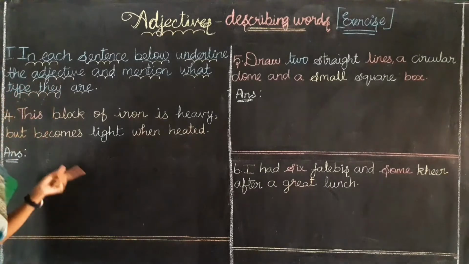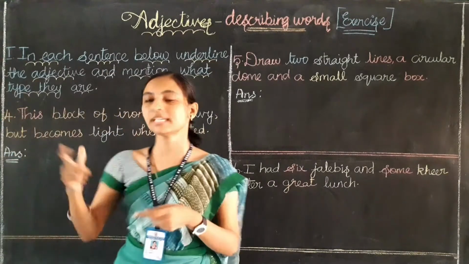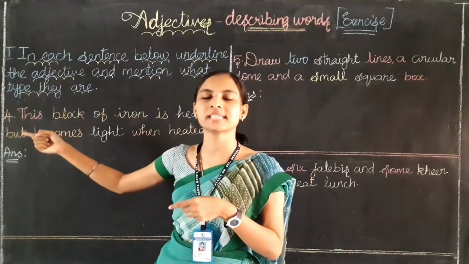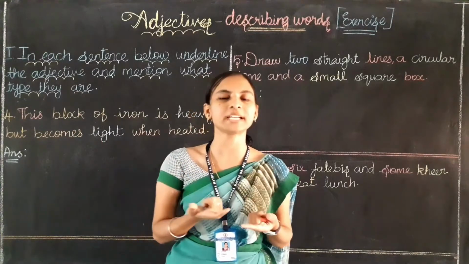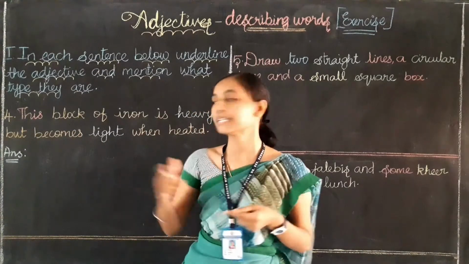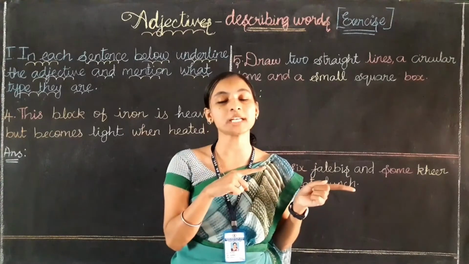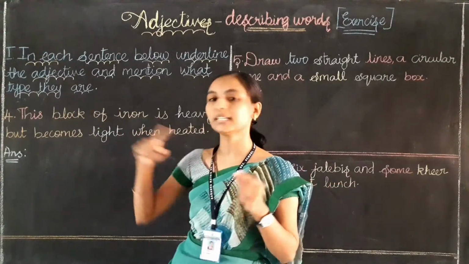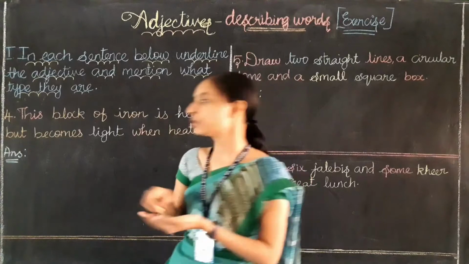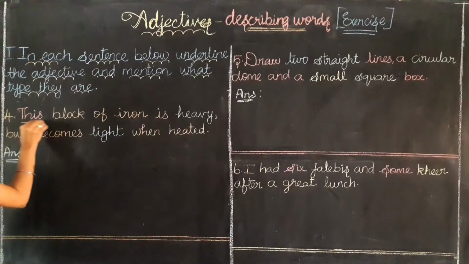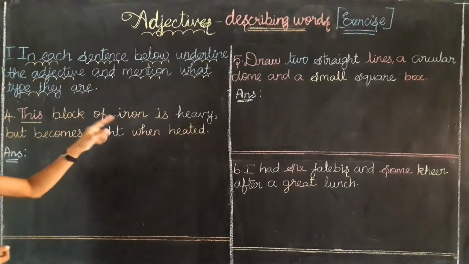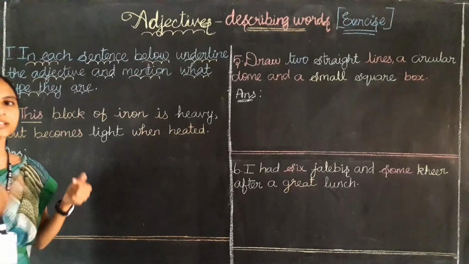Here, can you find out any adjectives? Can you see the first word of the sentence? This means it refers to which kind of adjectives? Yes, this refers to demonstrative adjective. So that we are going to underline. Next, any other words which describe the noun?